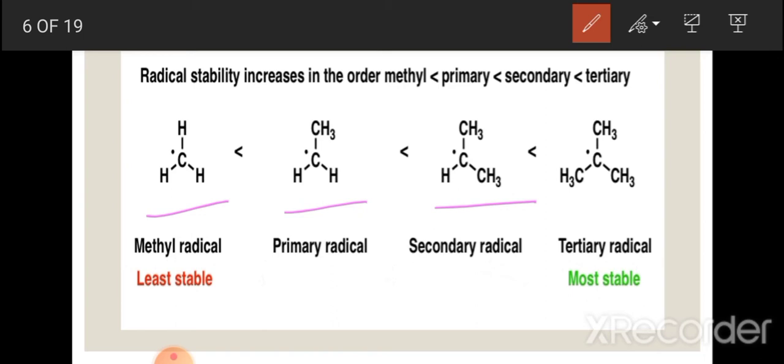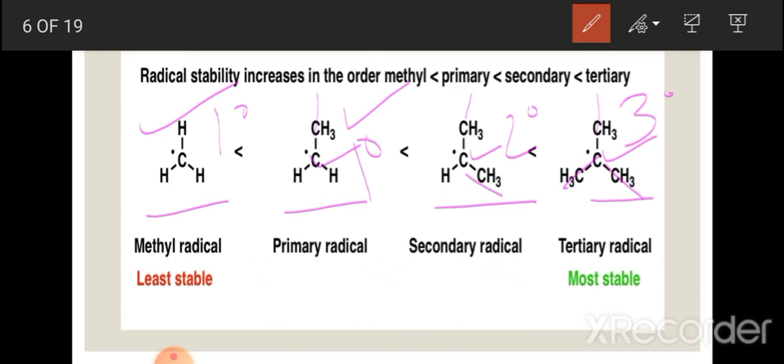This is carbon 1, 2, 3, 4, and you can see that it is a tertiary free radical because this carbon is attached to 3 other carbons. This carbon is attached to 2 carbons. This carbon is attached to 1 carbon, so this is a primary free radical, secondary free radical, and tertiary free radical.